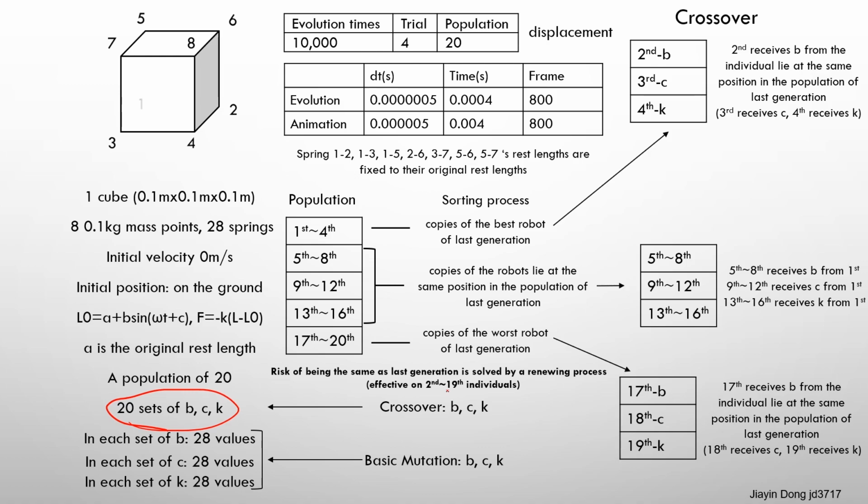If after the crossover the basic mutation doesn't happen, and the population is the same as the last generation's, the renewing process will be triggered, and the second to 19th individuals will be renewed by random search.